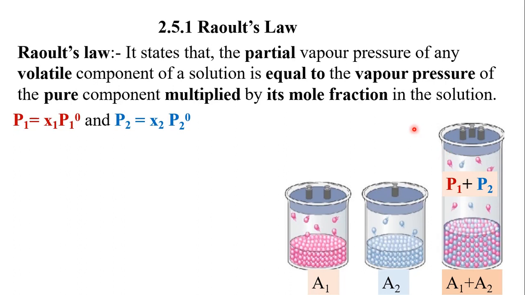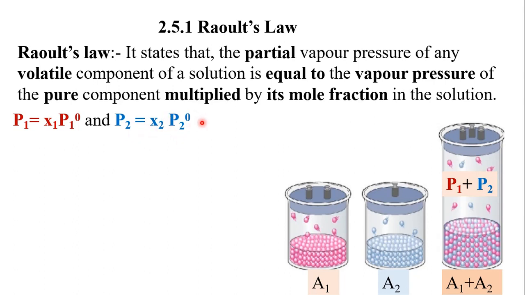According to Raoult's law, P1, the partial vapor pressure of component A1, is equal to X1, the mole fraction of A1, into P10, the vapor pressure of pure component A1. And P2, the partial vapor pressure of component A2, is equal to X2 into P20.